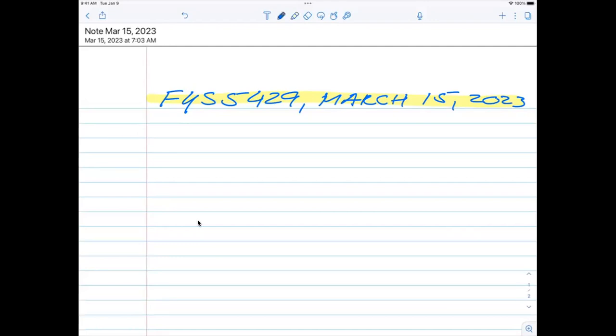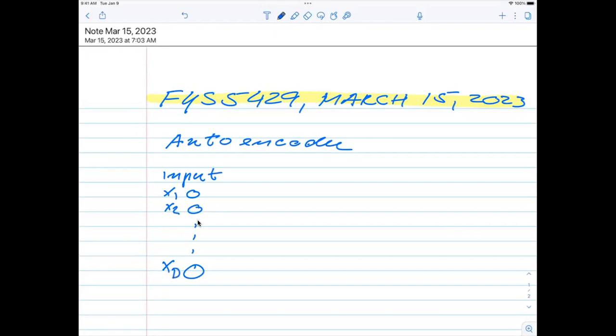So the basic structure of an autoencoder is something like this. There's going to be an input layer, and we can now think of having different input nodes. So we have x1, x2, up to x of d, which is the dimensionality of the problem.